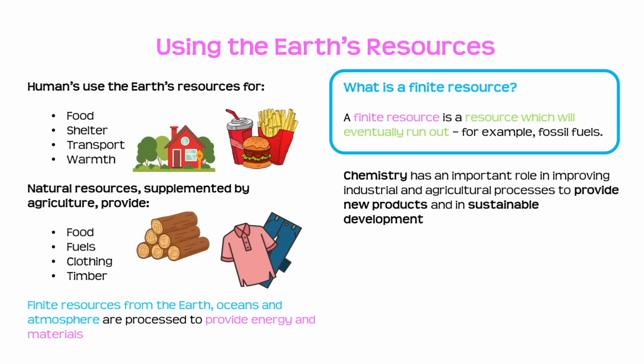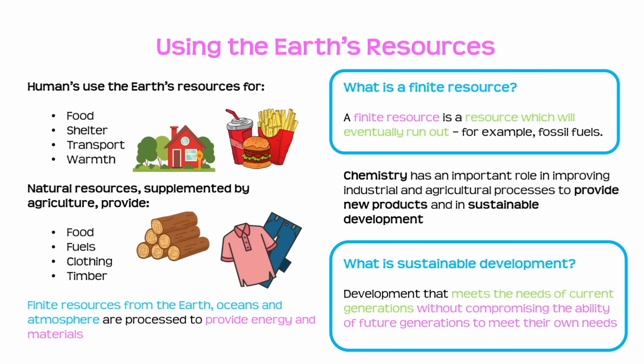Now, chemistry has a really important role in improving industrial and agricultural processes to make sure that we can sustainably develop new products. We also need to know what is meant by sustainable development. This is a word that gets used in chemistry quite a lot, and a lot of people don't really realise what it means.